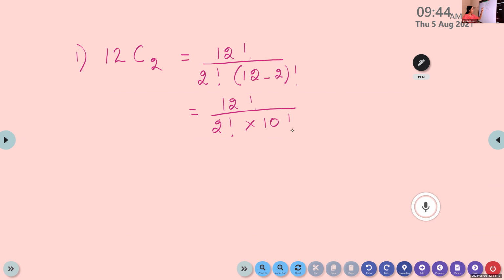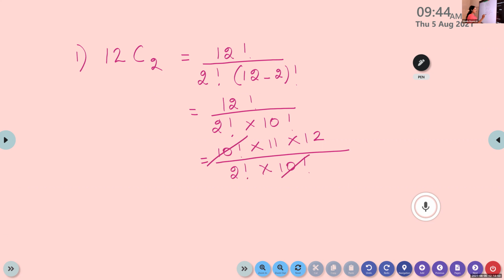Now look at this, children. When you compare these two numbers, 10 and 12, which one is bigger? Vinay? 12. How can we write 12 factorial? We can write it as 12 into 11 into 10 factorial.